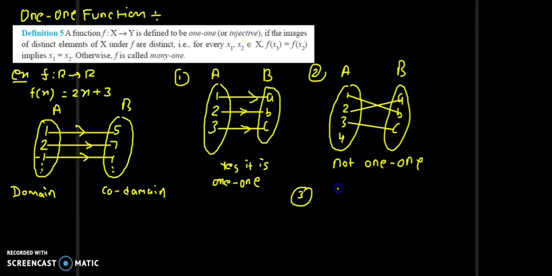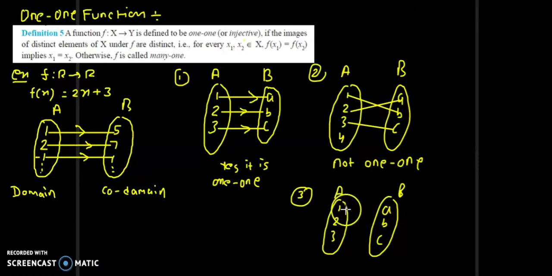So if I take set A like this, 1, 2, 3, and set B like this, a, b, c. If you have 1 related to a and 1 related to b, 2 related to c and 3 related to b, then this is also not a function.